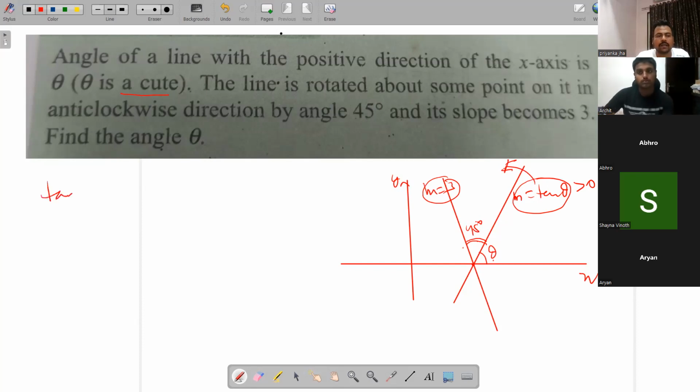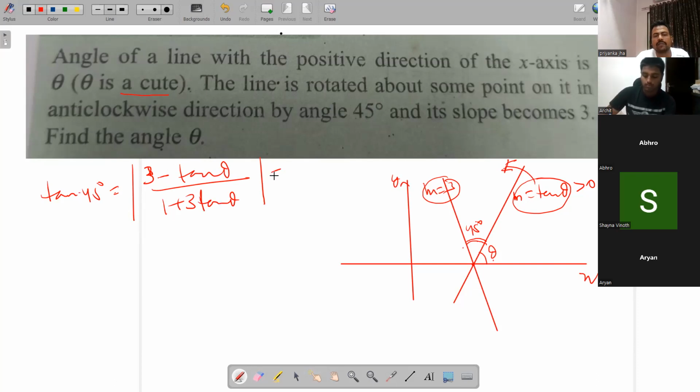So we'll apply tan of the angle between the lines equal to mod of M1 minus M2 upon 1 plus M1 into M2. We can treat any line as M1 or M2. Tan 45 is 1.